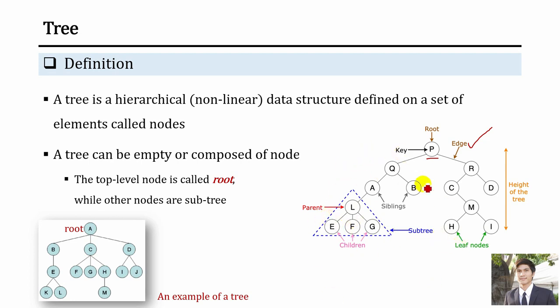Any connection beside the root, for example this one, is also a subtree, and A is considered its parent. For the leaf node, we consider it as those nodes at the bottom, with no further connected nodes. They are called leaf nodes, or in another way, they have no children.